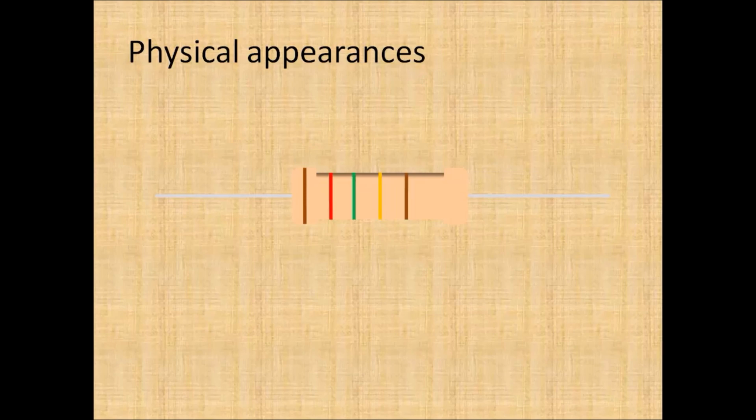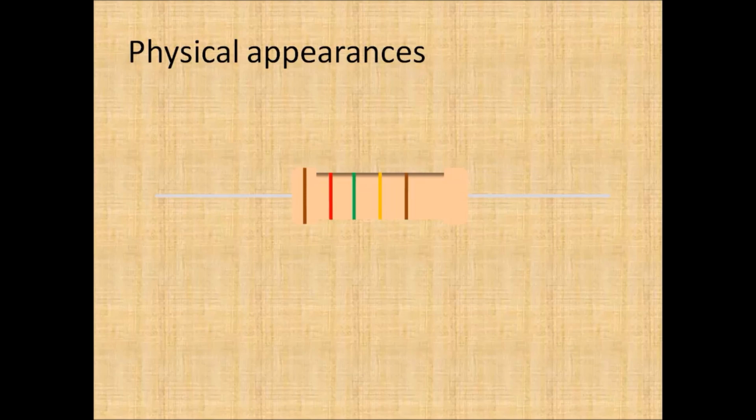The term tolerance can be easily understood like this: if a resistance has a value of 100 ohms and it has 5% tolerance, the value of the 100 ohm resistance can vary from 95 to 105. So it is the allowed variance in the value of the specific resistance.